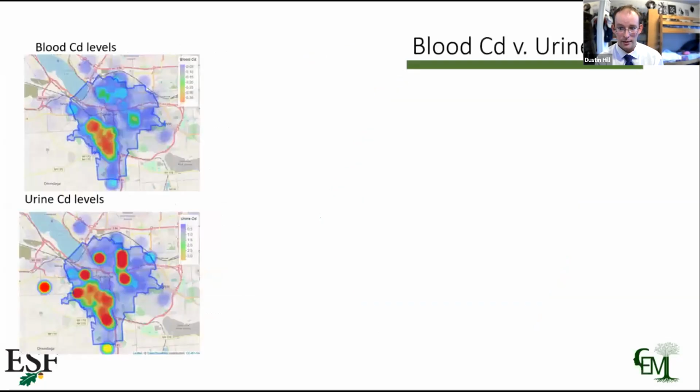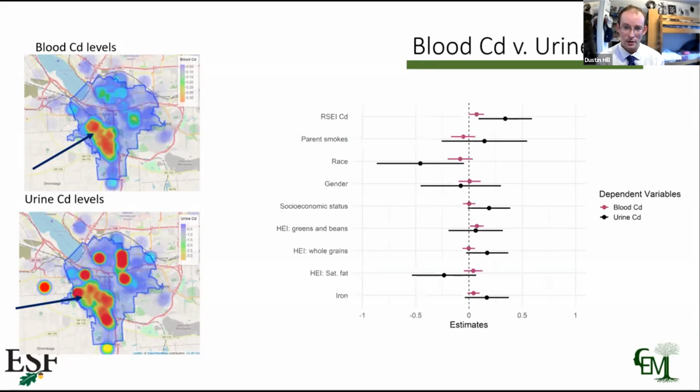But when looking at the blood and urine cadmium levels next to each other, just visually, there's some matchup, but there does appear to be greater variation potentially between the participant urine cadmium levels. We see this with some of the higher values of urine cadmium and a greater range of values as well. But in our models, we did find, as I mentioned, a positive correlation between blood cadmium and REC cadmium, but the urine cadmium correlation was actually much stronger than the blood cadmium level.